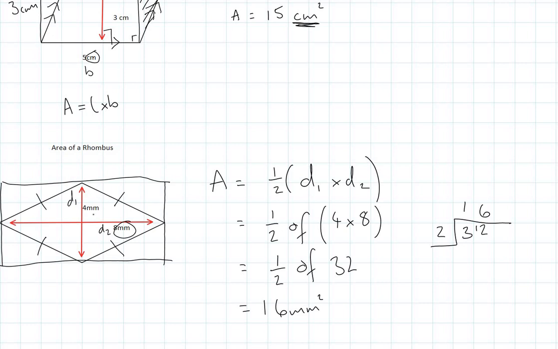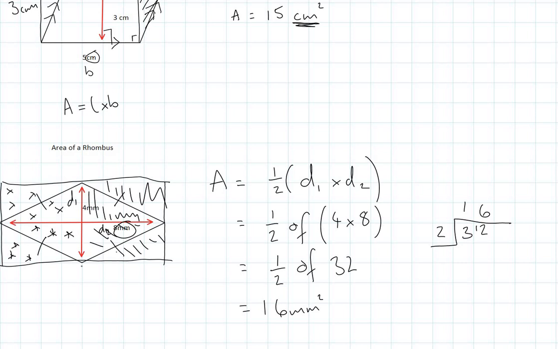Now see how these diagonals are. This bit is the exact same as this bit, and this bit is the exact same as this bit, and this bit, I'm going to mark it with stars, is the exact same as this bit. And this bit with crosses is the exact same as this bit.